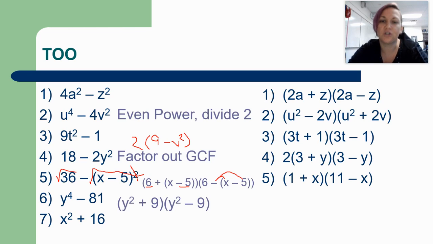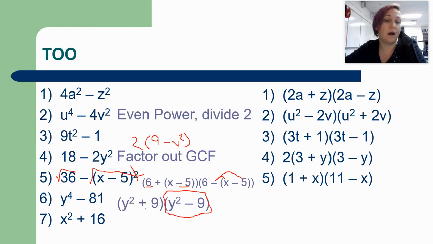The directions in this chapter are going to be to factor completely, which means that we want to keep going on this problem. So after we've factored it once, we want to look inside the parentheses, and we want to notice that this parentheses right here is a difference of squares. It has a minus sign, and I know the square root of y squared, and I know the square root of 9. Now the other parentheses is not a difference of squares because it has a plus sign in it.